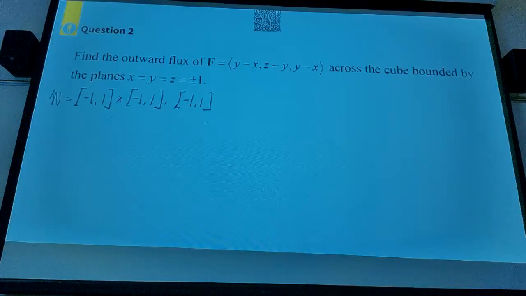Negative 1 to 1 cross negative 1 to 1 cross negative 1 to 1. That is our cube. The next thing we need is the divergence of the field.